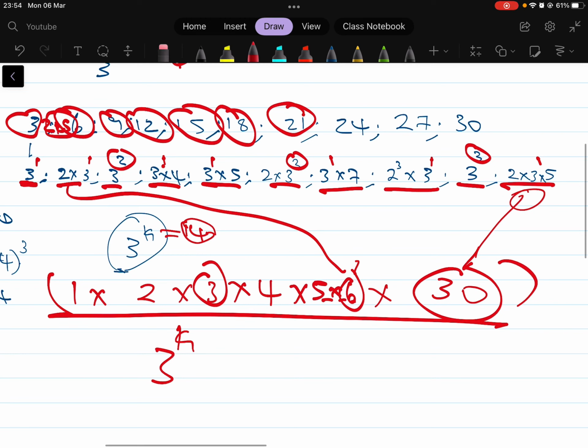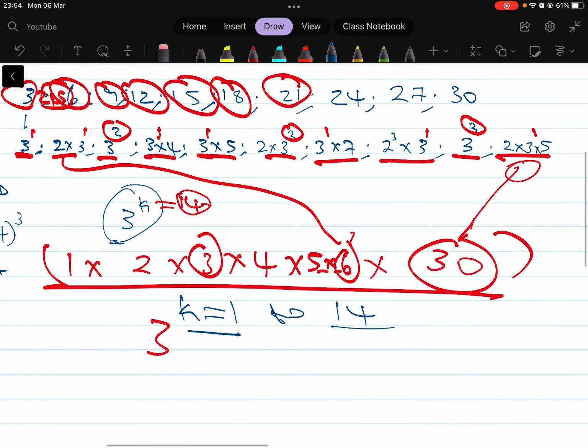So you start like we did initially, with k equals 1. You keep increasing that k to 14. You start with k equals 1, and then you see if, when you substitute k equals 1, you've already established before that this is going to cancel that. It doesn't have to be this 3 that you cancel. It could be any of the 3s that you think of.